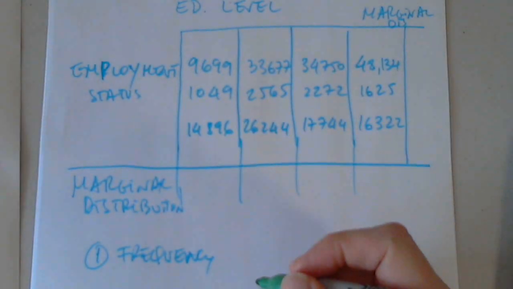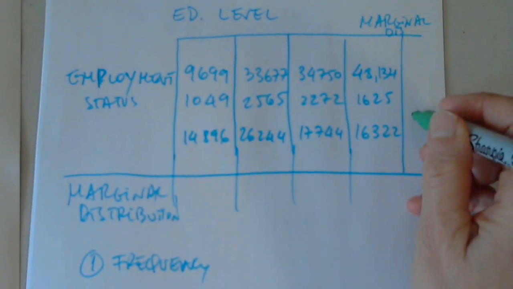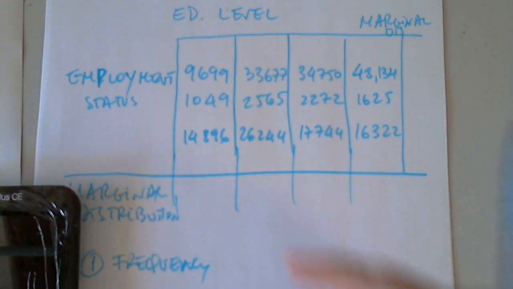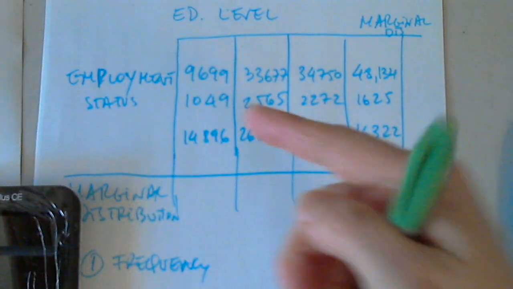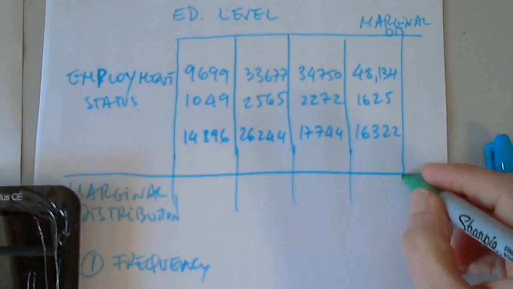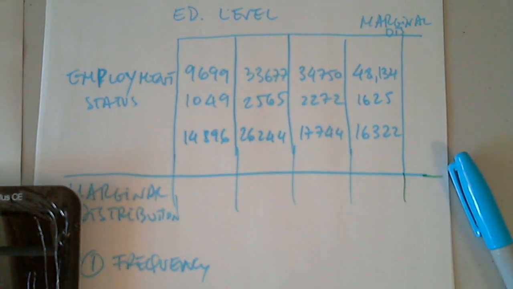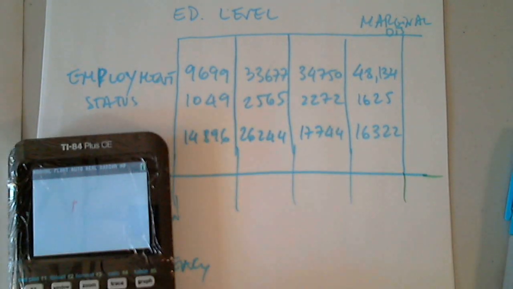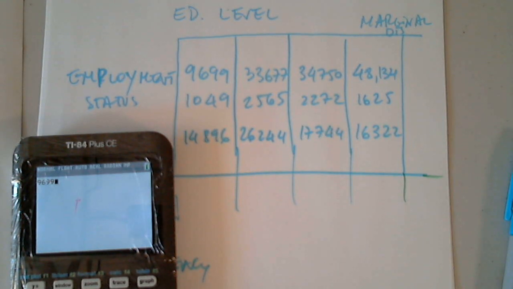So the frequency is basically the totals, as we did before with other variables. We have to create a total for each row and a total for each column, and of course, we are going to check with the grand total. Each row: 9699 plus 33677 plus 34750 plus 48134. Check my numbers always, please.